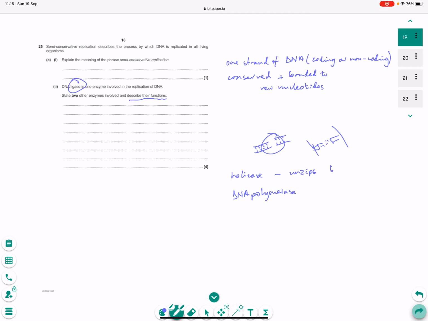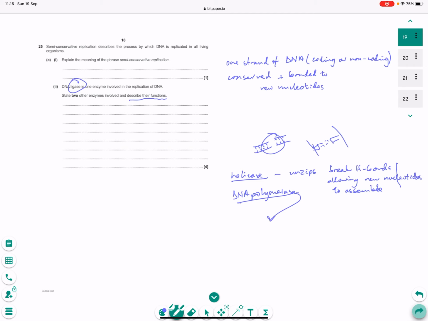So it breaks hydrogen bonds, allowing new nucleotides to assemble. And DNA polymerase, so I think in the mark scheme, that's a mark. What does it do? That's a mark.